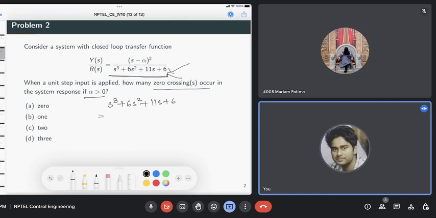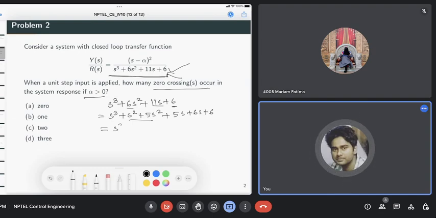So I can write s cubed plus s squared plus 5s squared plus 5s plus s plus 6, right? So I can split 6 as 5 plus 1, and 5 plus 1 is 6, okay. So I can write like this.